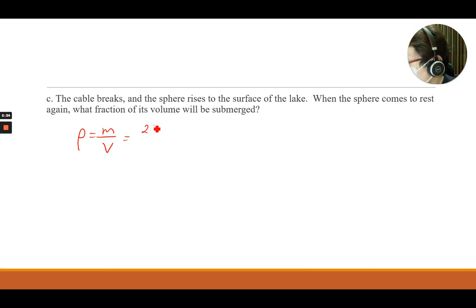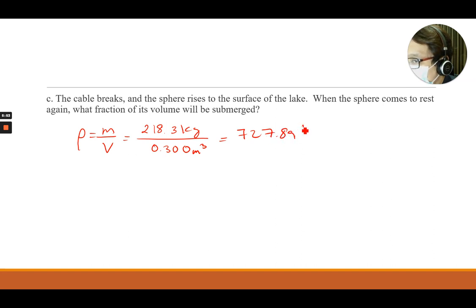We substitute it here. So this is 218.3 kilograms divided by the volume, 0.300 cubic meter given in the problem. So this will give us 727.89 kilograms per cubic meter.